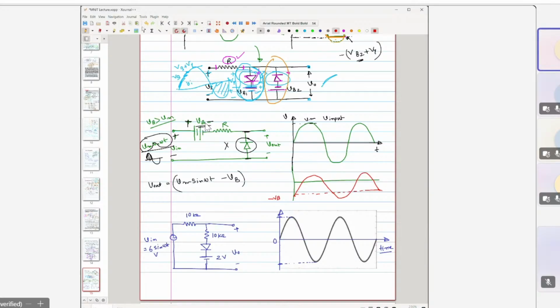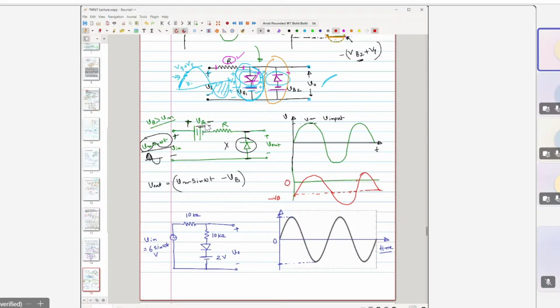This drawing is not perfect. I need to change this. Okay, so basically, let me also point these things out.